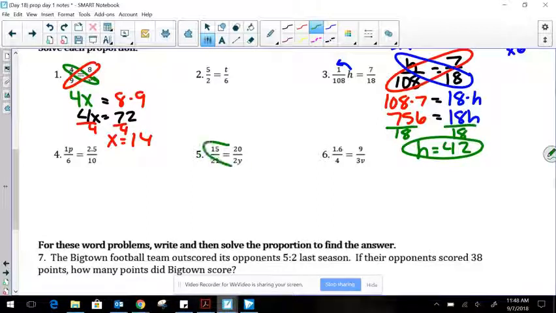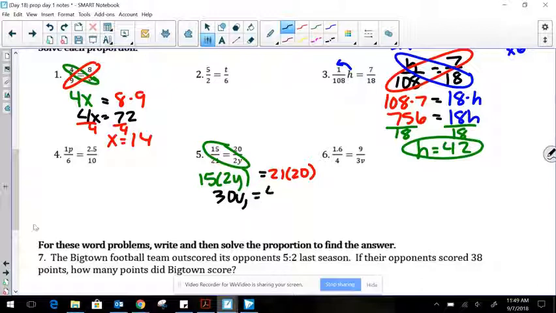So I have now 15 times 2y. And on the other side, I have 21 times 20. So I'll just multiply them out like normal. So I have 30y is equal to 420. Then divide by the number in front of y. All right, so 420 divided by 30 gives you y equals 14.